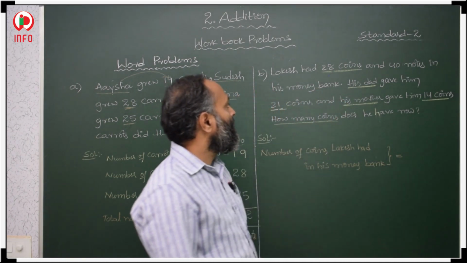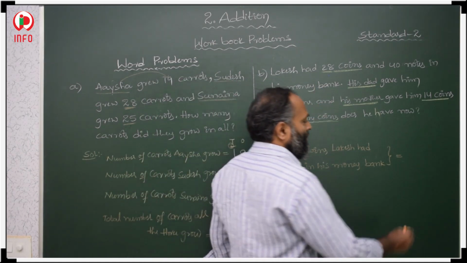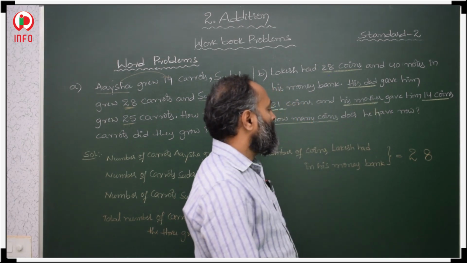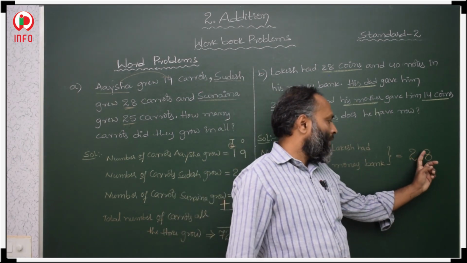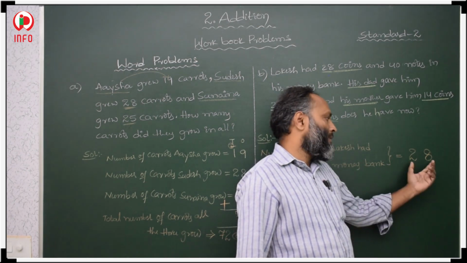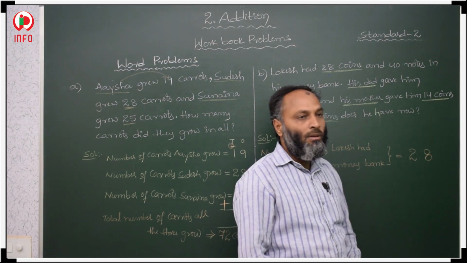How many coins? 28 coins. So keep your numbers like this. Leave some space between the ones and tens place, so it is very easy to calculate.